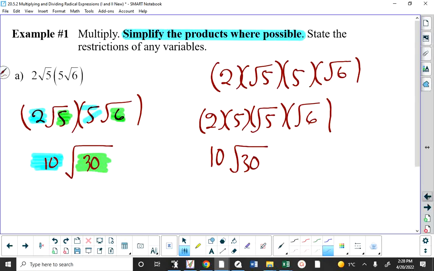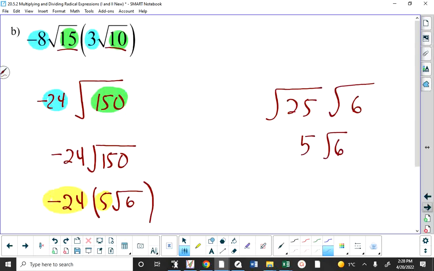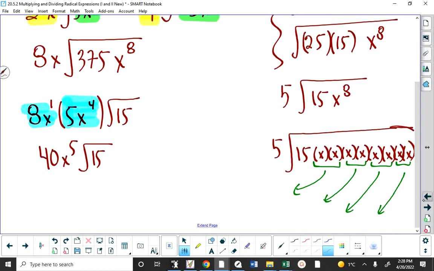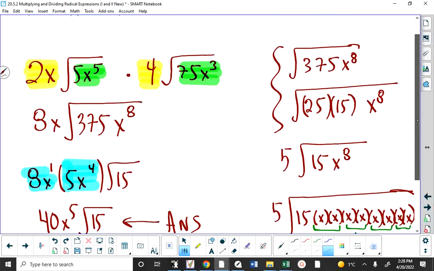It's important when you talk about non-permissible values that you talk about them for the original expression. So the fact that in question C, we end up with an answer, this is our answer, where there's no variable under the square root sign, doesn't change the fact that there was.